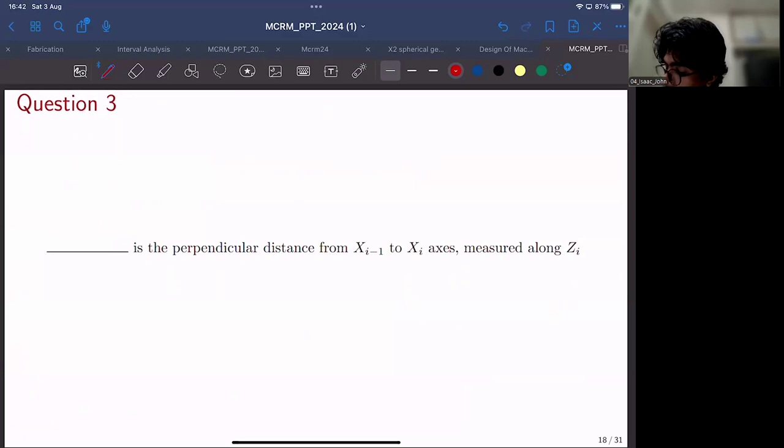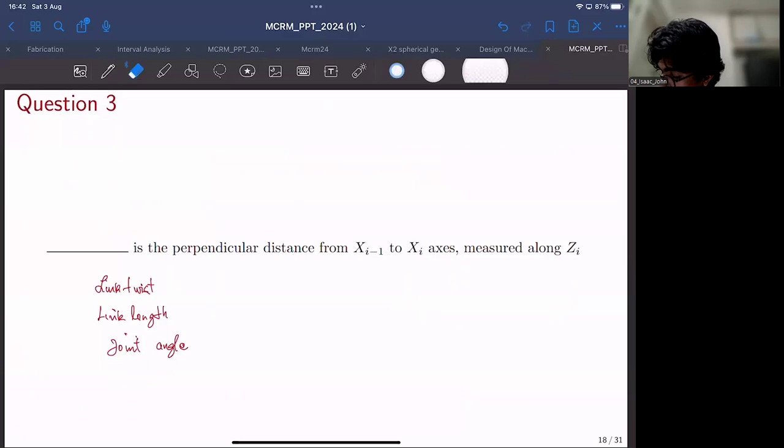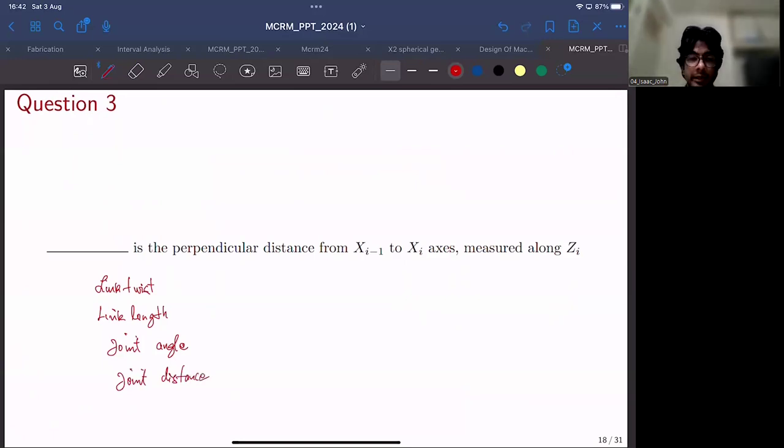So similarly, you have link twist, you have link length, then you have joint angle, then you have joint distance. And this is also as per the order of the transformation that you would be doing.